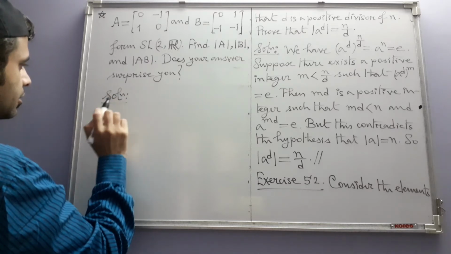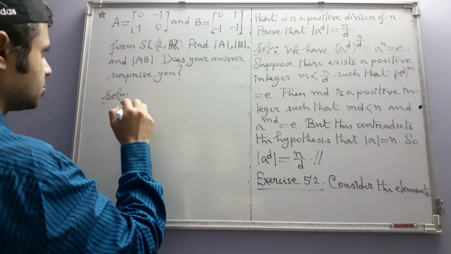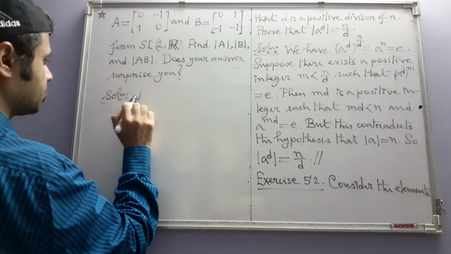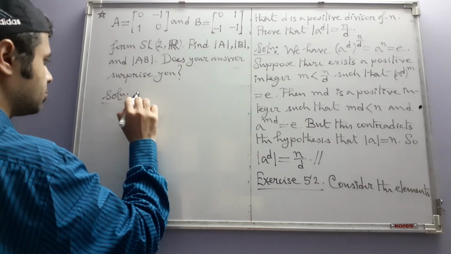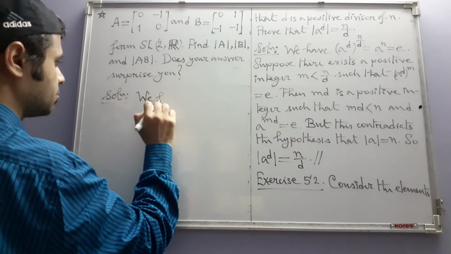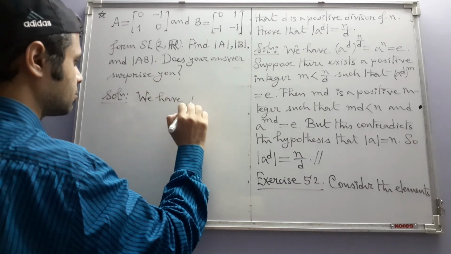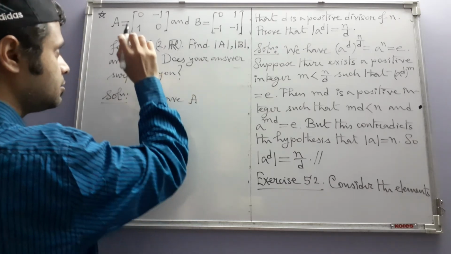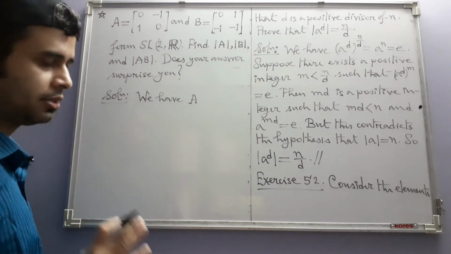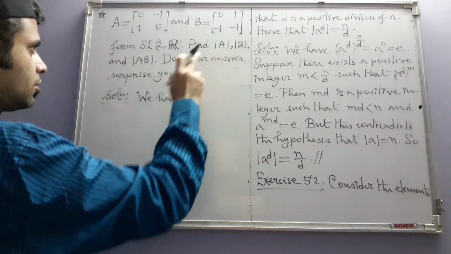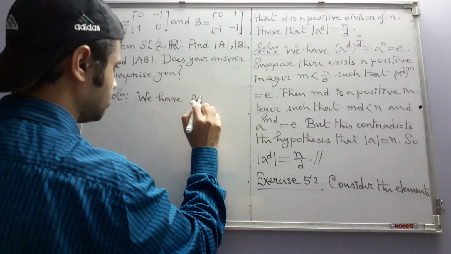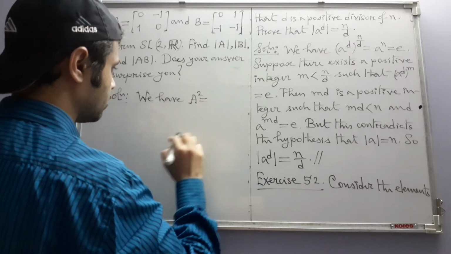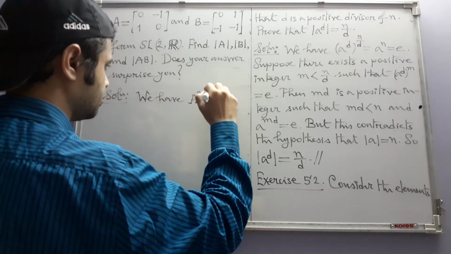So to calculate the orders, we just have to calculate the powers. We have A itself is not equal to the identity matrix. So that means order of A is greater than 1. So we have to look at higher powers.